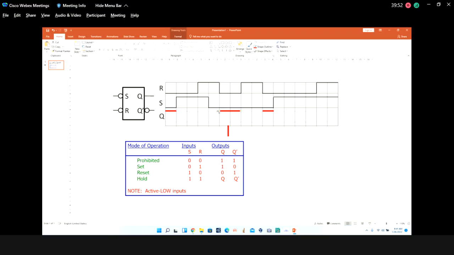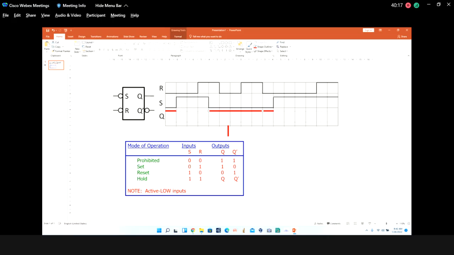You can just extend this one. And S is 0 also here, so it will become like that, output 1.